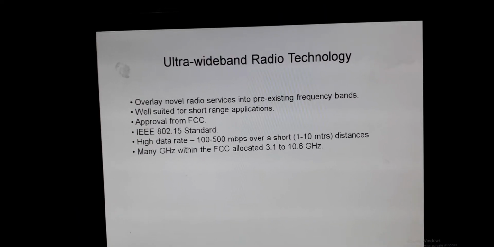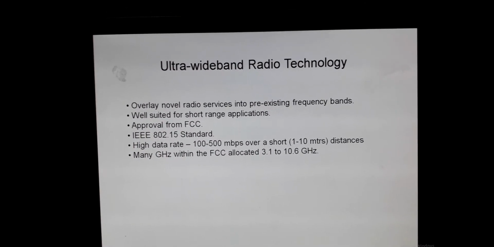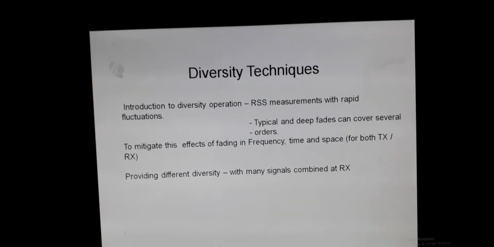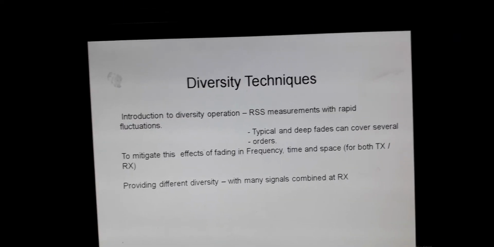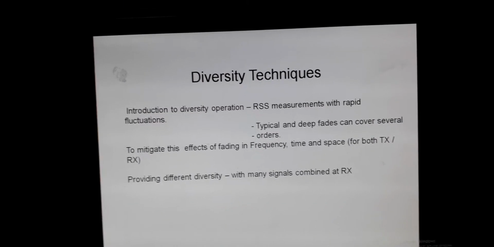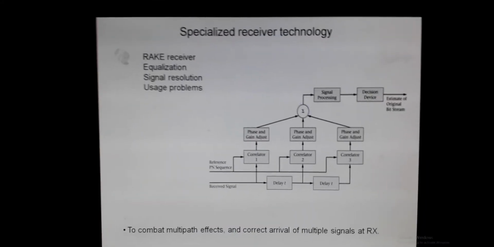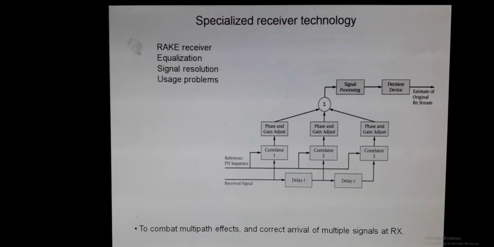Then there is UWB technology that is used. Then there are diversity technologies, time diversity and space diversity. They combine the signal at the receiver, that is diversity.